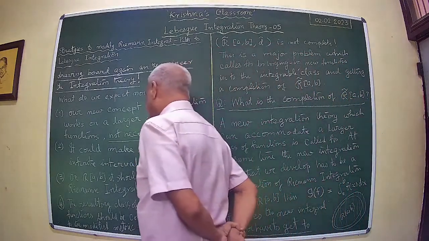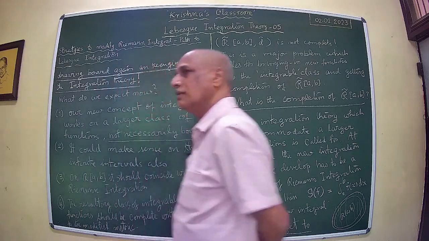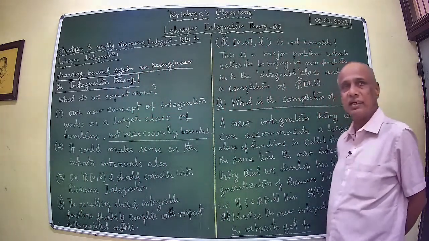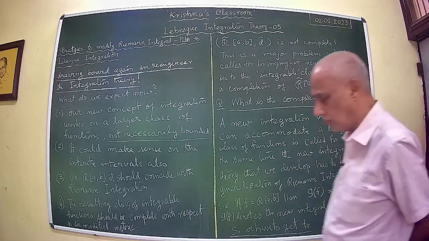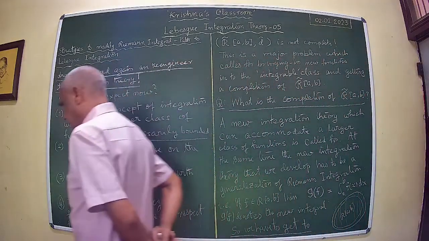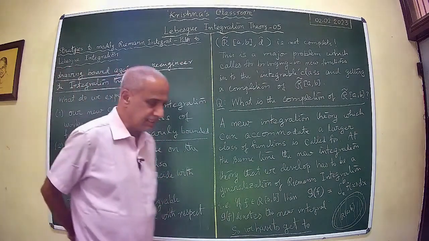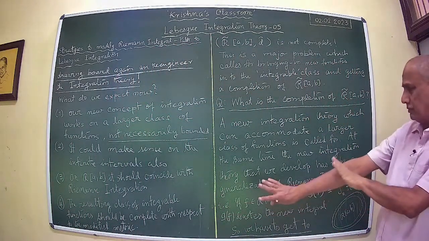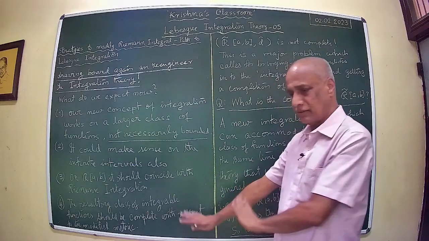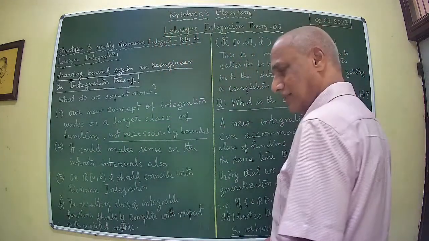And having done that, it should check with the Riemann integration or coincide with the Riemann integration for all Riemann integrable functions, so that what we obtain or construct through this process will be a genuine extension of the Riemann integration, and eventually the completeness. Because this is something which cannot be verified, but let us try to work out this strategy.